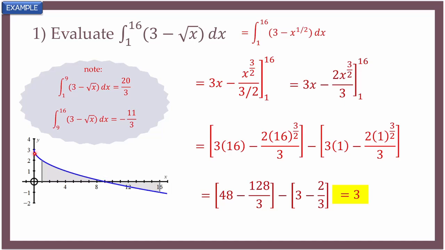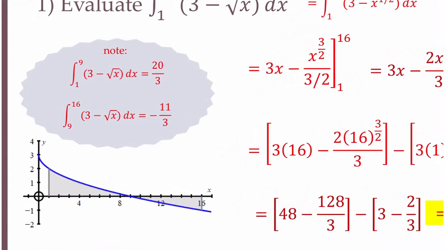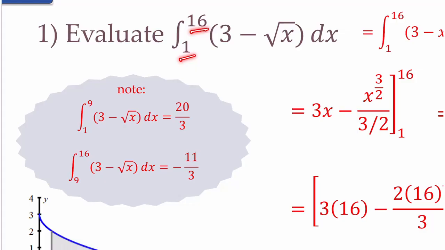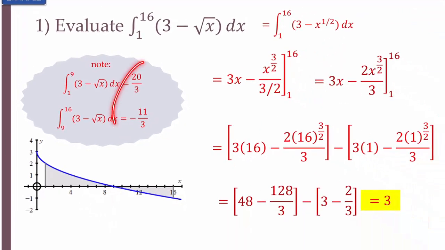So the area between 1 and 9 is positive, and then the area between 9 and 16 is negative. Remember your properties of definite integrals: instead of going from 1 to 16, you could have separately gone from 1 to 9, and you would have gotten 20/3, and then gone from 9 to 16 and gotten negative 11/3, and then added them together. So that's one option that you could have done there.